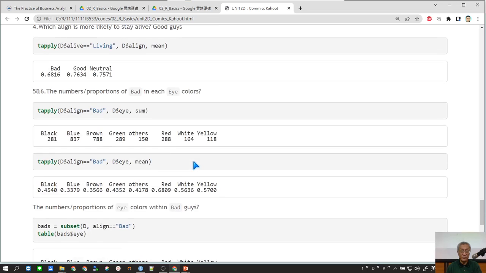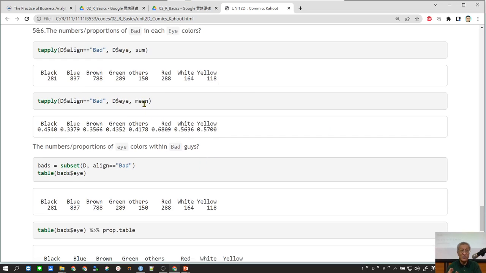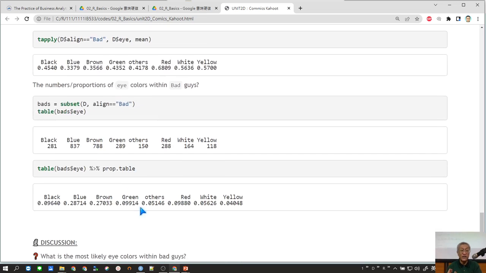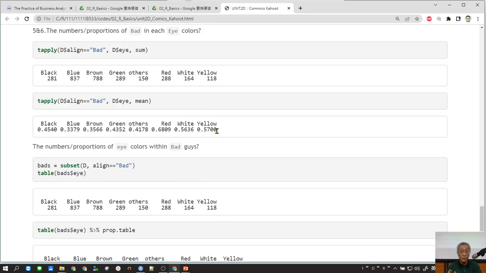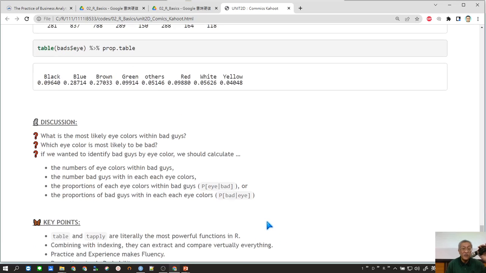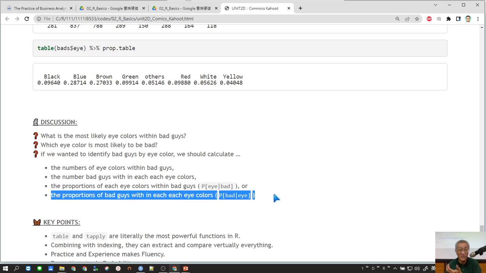So given bad guys, I would like to see the probability of this. They will give us a different answer, isn't it? Right? Okay. So when you do categorical proportion, the key thing is you need to ask the right question, right?